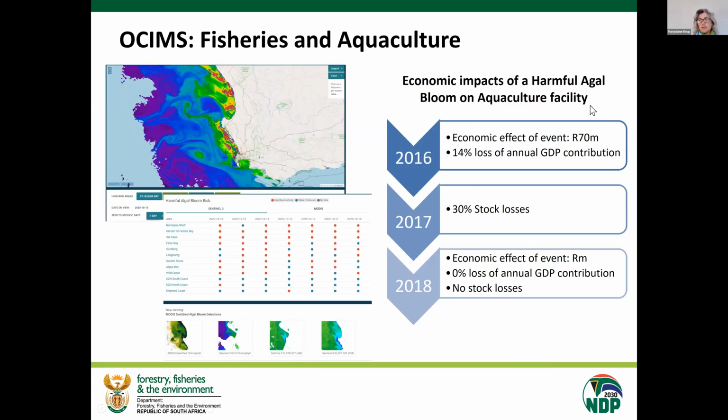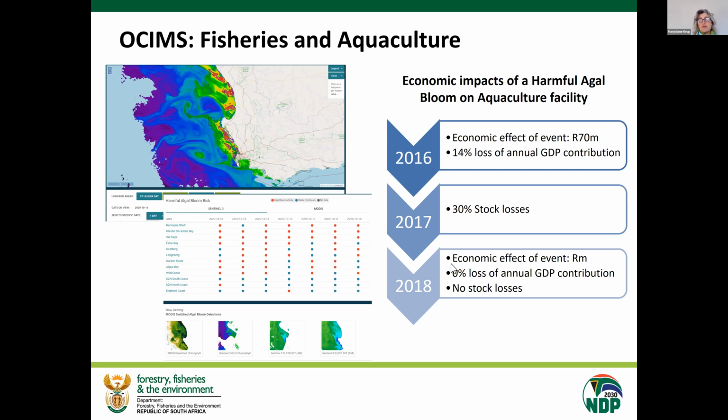Another tool that Dr. Mary Smith has led in the past, in the first phase of OSIM, is the Fisheries and Aquaculture tool. And here I'm just showing the red tide harmful algal bloom tool, which allows users to monitor risk for red tides.